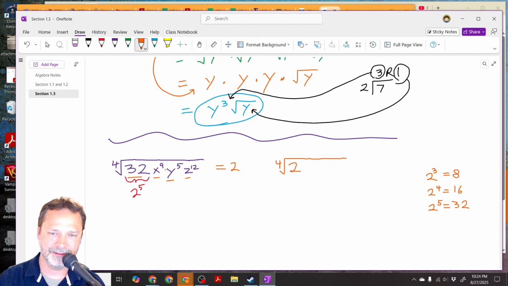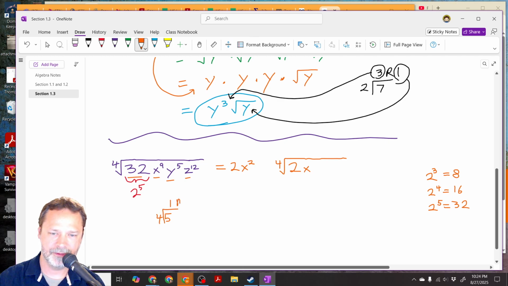Now my x's. How many x's? What's 9 divided by 4? It's 2, remainder 1. So 2 x's outside the root, 1 x inside the root. What's 5 divided by 4? We did that one already.